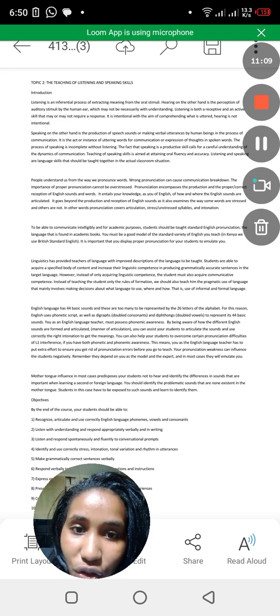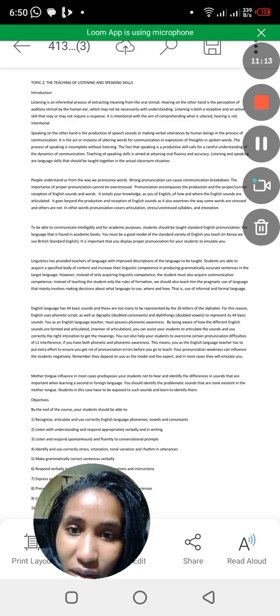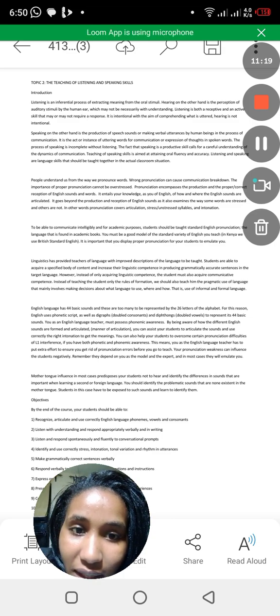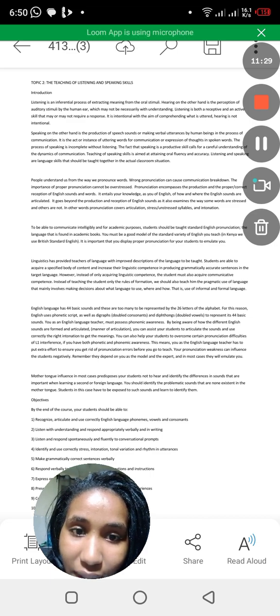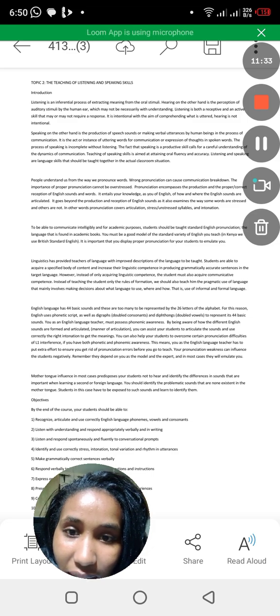It entails your knowledge as the teacher of English of how and where the English sounds are articulated. It goes beyond the production and reception of English sounds, and it also examines the way some words are stressed and others are not. In other words, pronunciation covers articulation, stress, stressed syllables, and intonation.